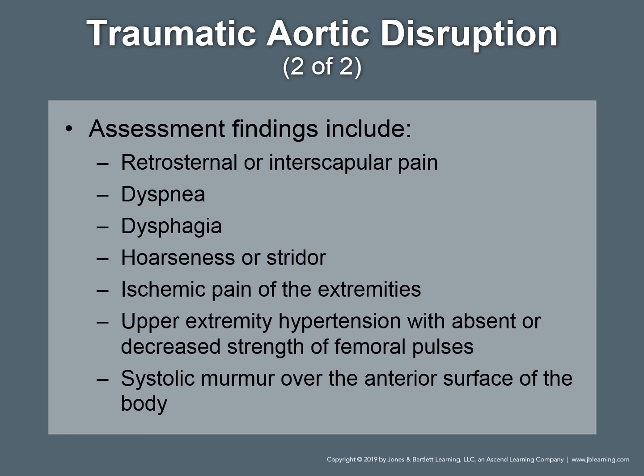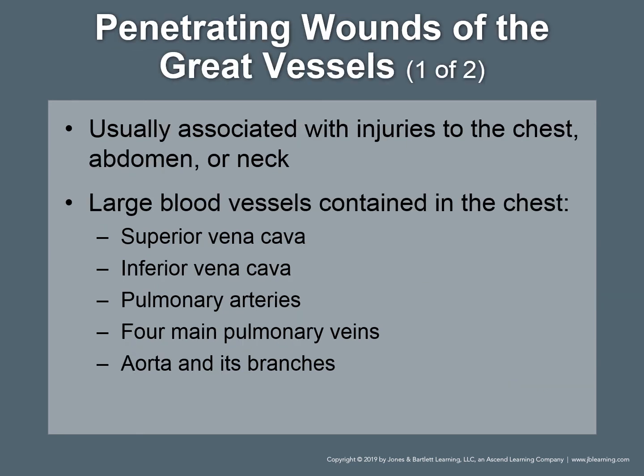That's a big sign of an aortic compromise, unequal pulses, say in the right and the left hand. You may have upper extremity hypertension with absent or decreased femoral pulses. You may have a systolic murmur, and that's just an abnormal heart sound outside of that normal lub-dub.